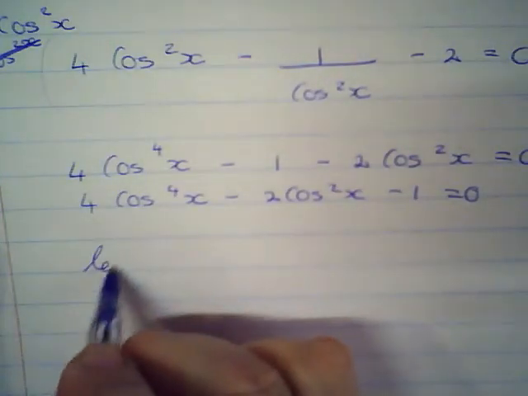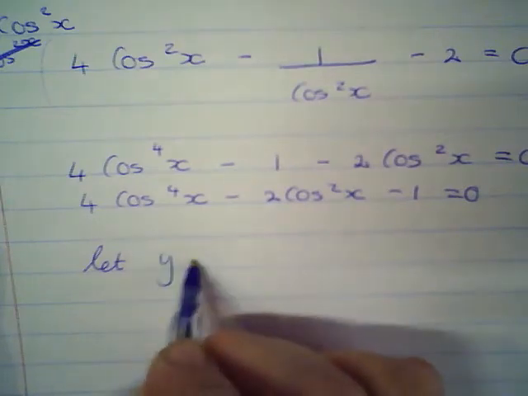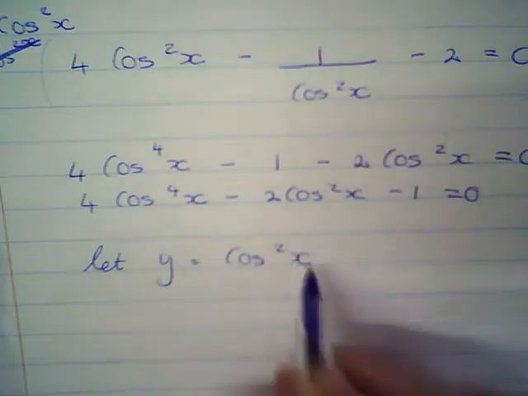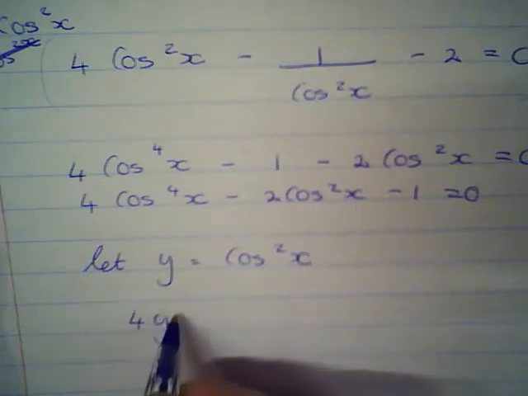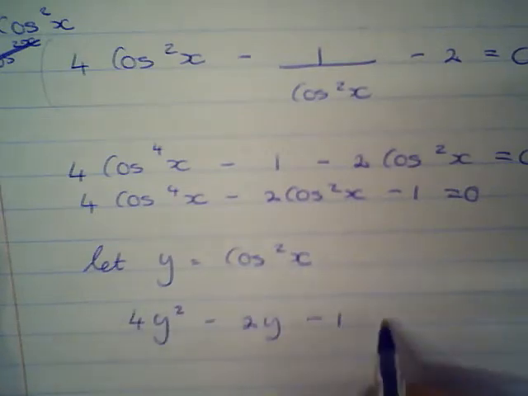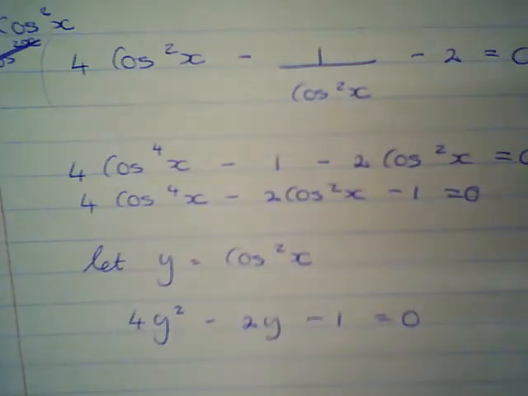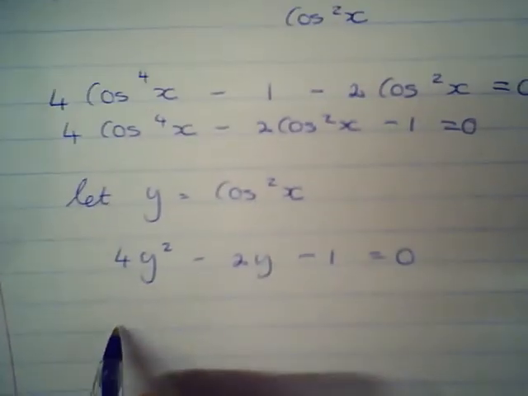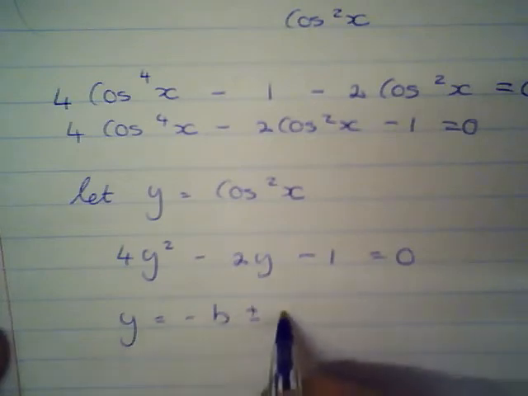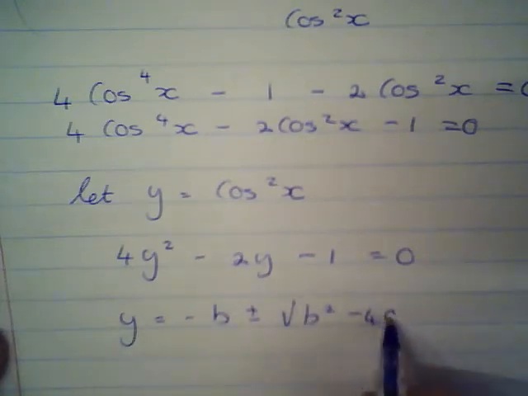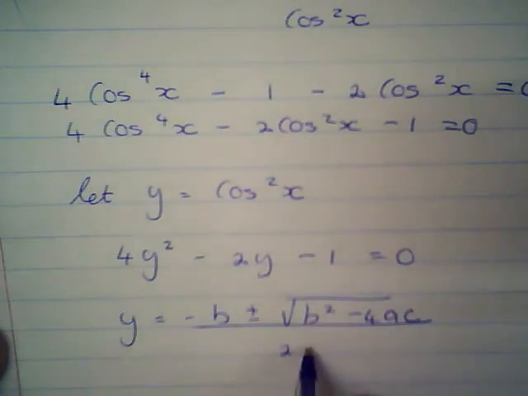Definitely quadratic in nature. So let y equal cosine squared x. That would give me 4y squared minus 2y minus 1 equals 0. Good. I tried to factorize this earlier, and it seemed to be quite hard, so I used the quadratic formula and solved for y. y equals negative b plus or minus the square root of b squared minus 4ac, all over 2a.